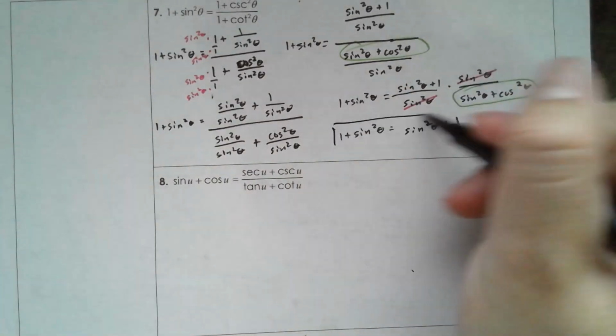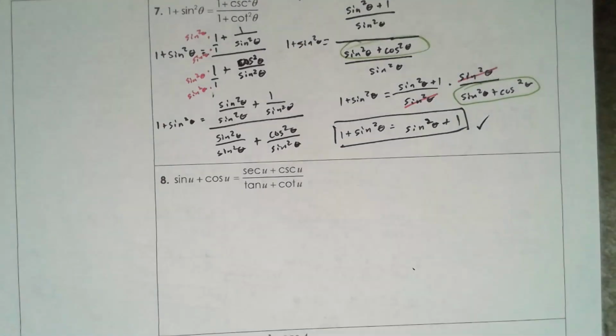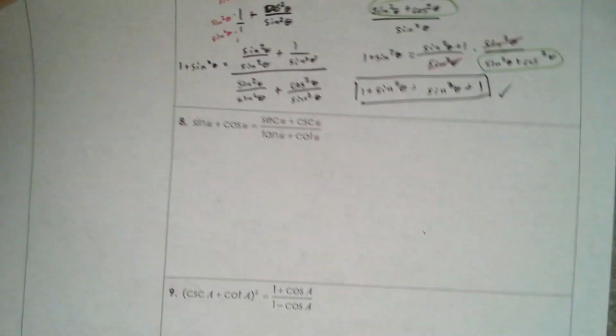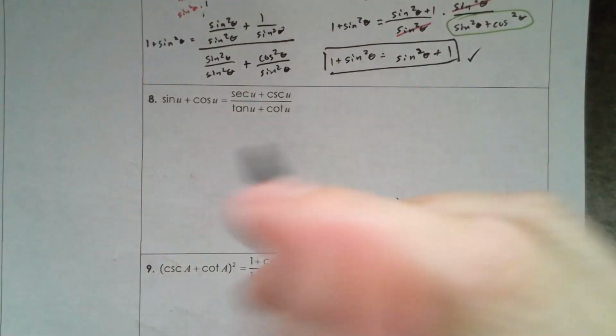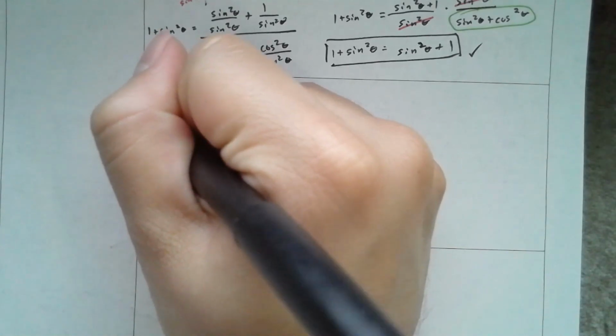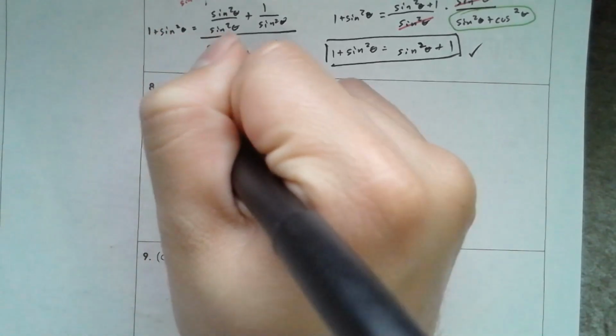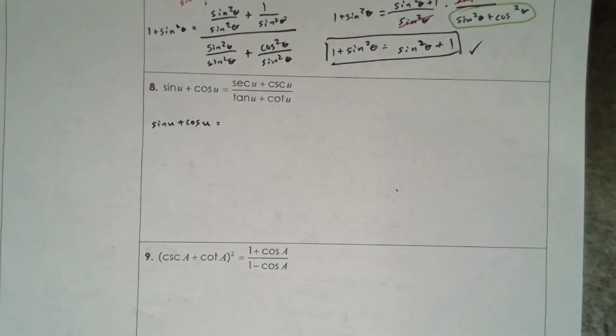Okay, let's look at 8. I'm gonna go ahead and work with the right side again. So I have sine u plus cosine u is equal to secant u plus cosecant u. Let's see. No, sorry, I read the wrong line here. Sorry.